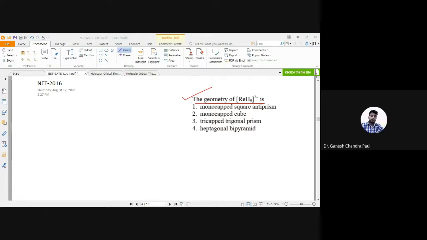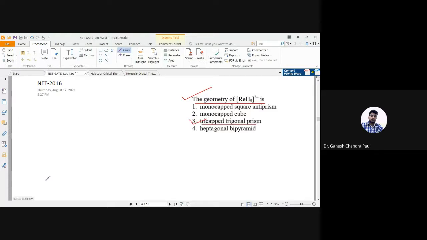Yes, it is possible. You are saying the hybridization is sp3d4. Yesterday I already mentioned one compound like IF7, with pentagonal bipyramid, and square antiprism. But here the geometry of this particular molecule is tri-capped trigonal prism. So option C is the correct answer.